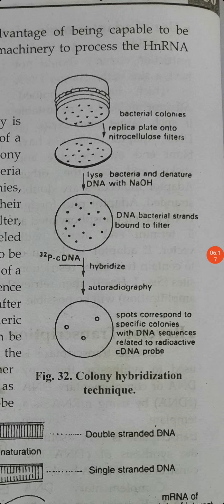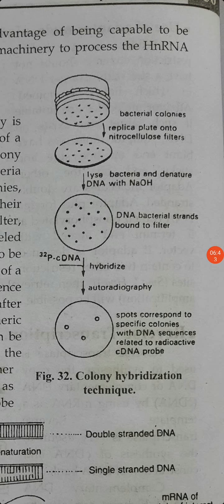These colonies are lysed, broken on a nitrocellulose filter, and their DNA is denatured and fixed on the filter, which is hybridized with a radioactively labeled probe carrying a sequence related to the gene to be isolated.